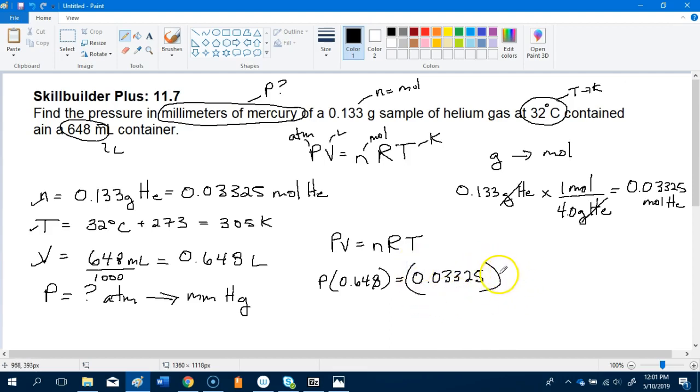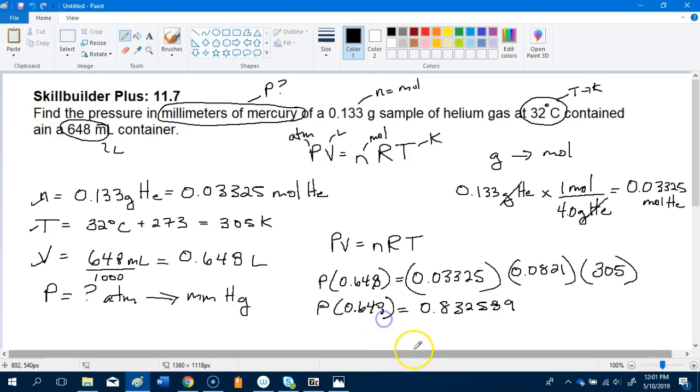Our ideal gas constant is always the same at 0.0821. And our temperature is in kelvins, 305 kelvins. I'm going to combine all of these together on this side by multiplying, and I'll get 0.832589. Always leave my rounding until the very end, so I just keep all of my numbers.